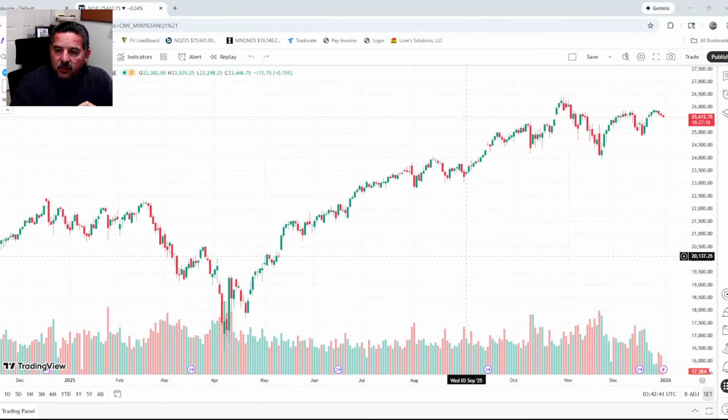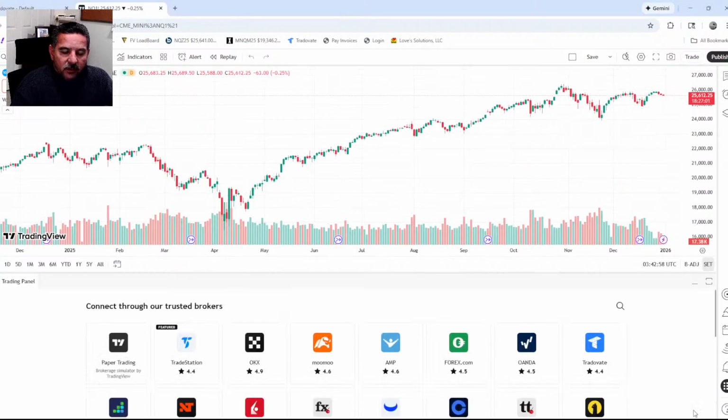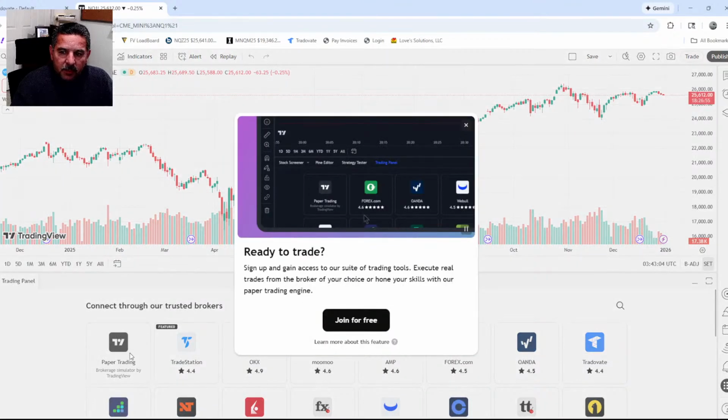Once you do that, go here. You see where it says open panel, where I just clicked, right there on that corner where that arrow is? Once you hit the arrow, it's going to go up like this. You can go here where it says paper trading.